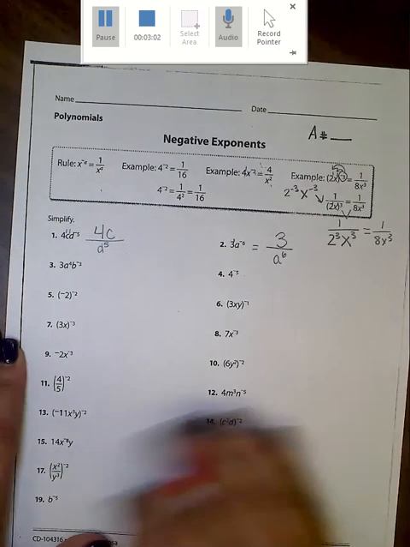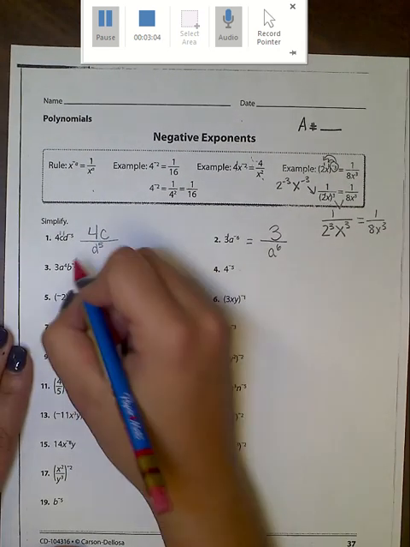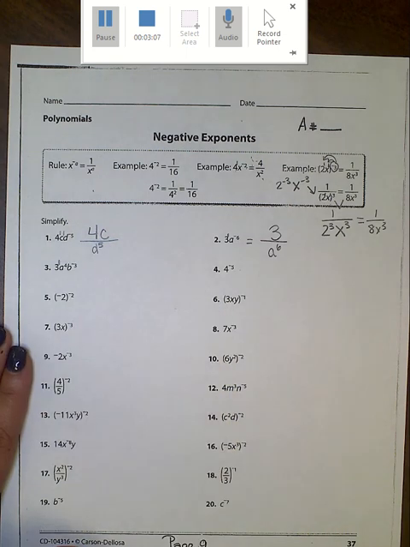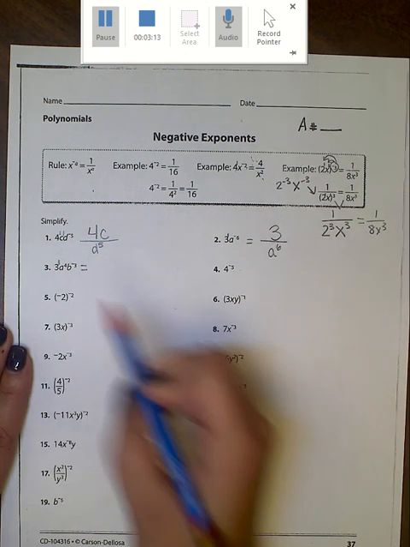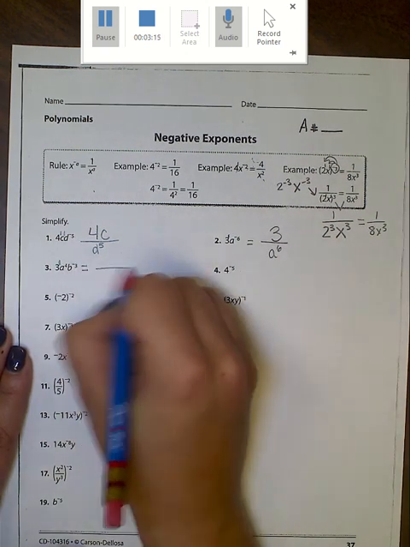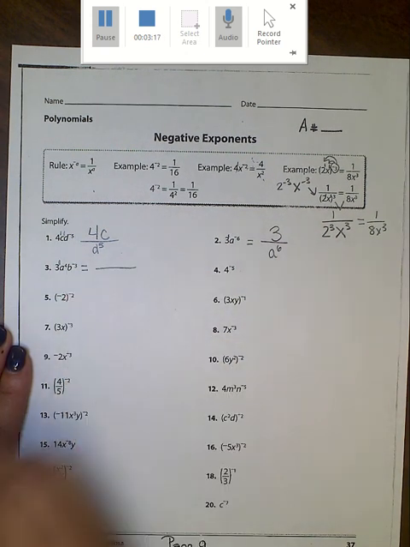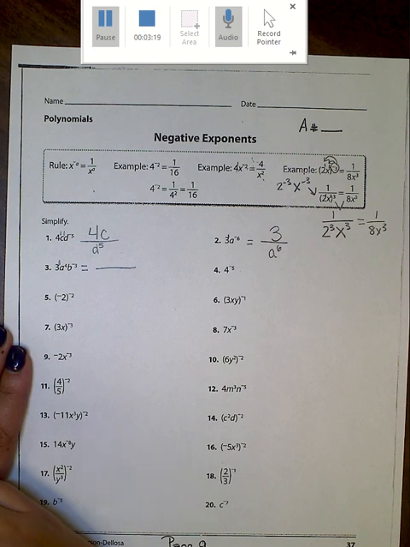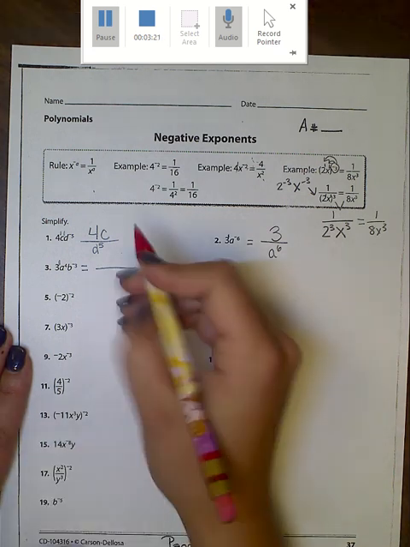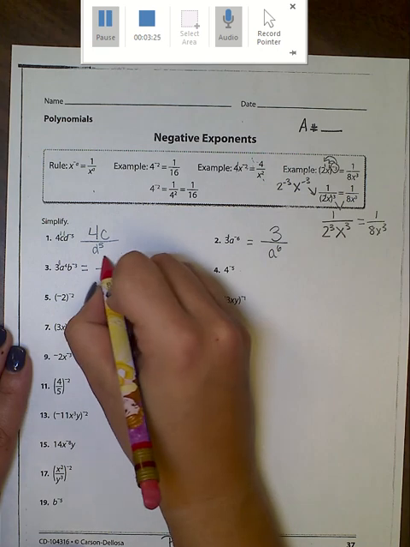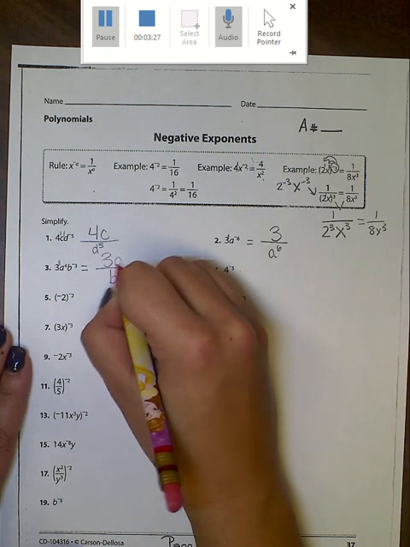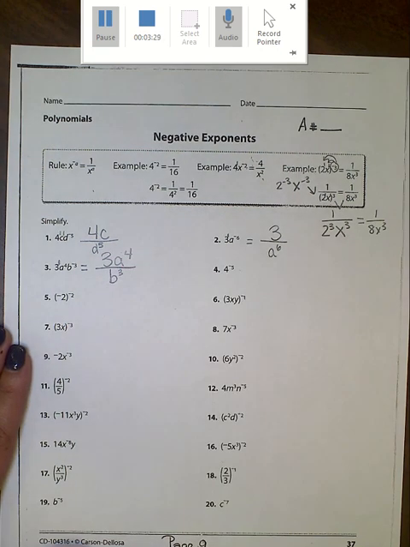Number 3. 3 doesn't have an exponent, power of 1, a to the fourth, b to the negative third. 3 to the first, that's positive, a to the fourth, that's also positive, but b to the negative third needs to go in the denominator and become positive.